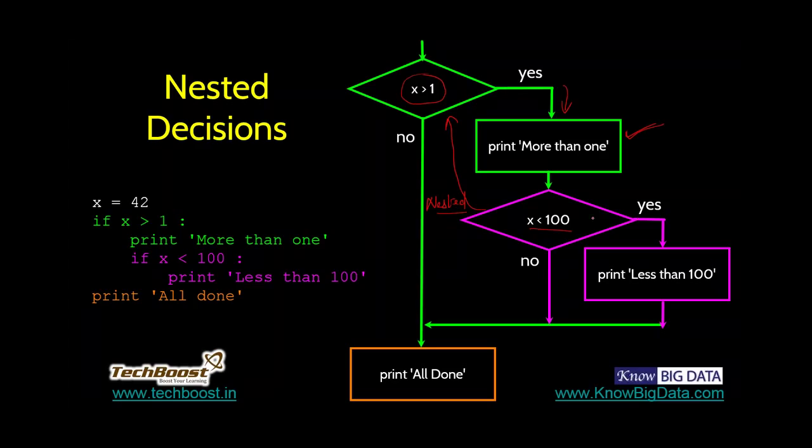What we should take away from this slide is we can have one condition under another condition. We just need to take care of the indentation part. The syntax of the condition remains the same. Alright.